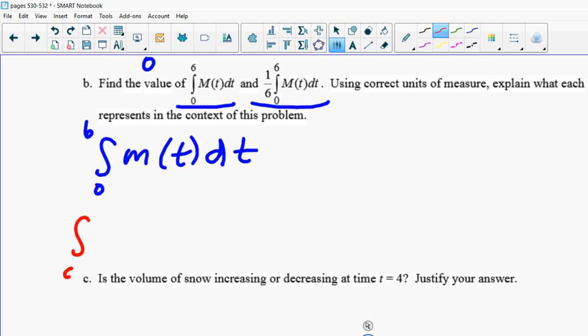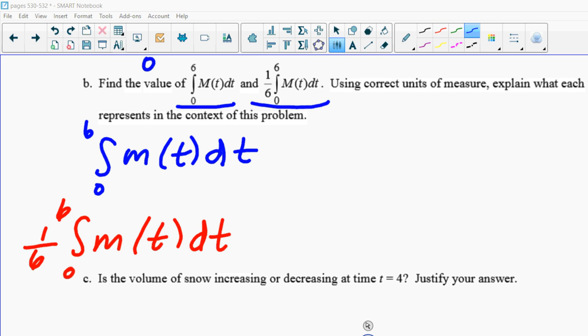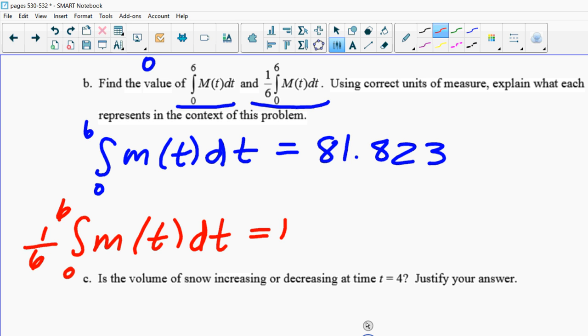Run those two real quick. I'll write down what Sparks has. Sparks gets 81.823 and 13.637.